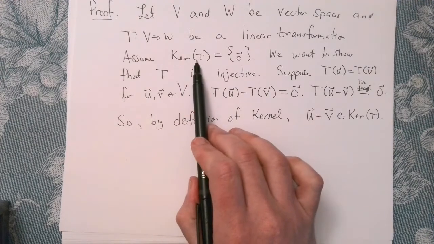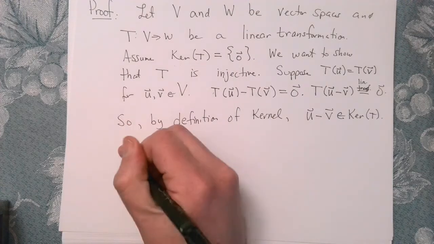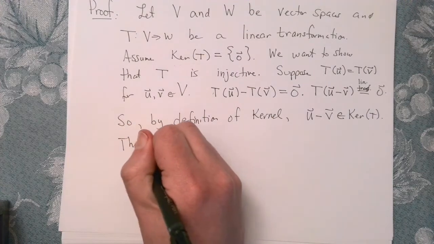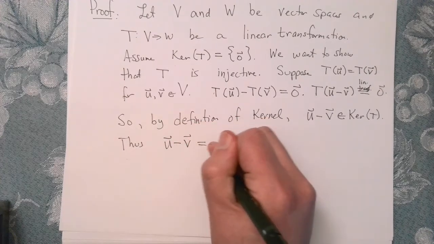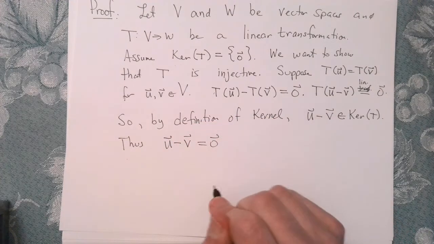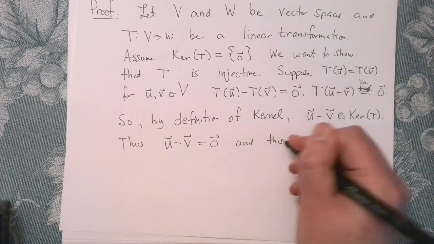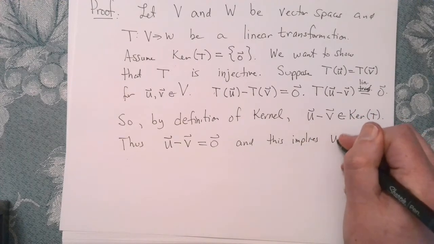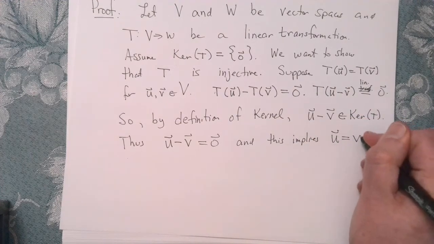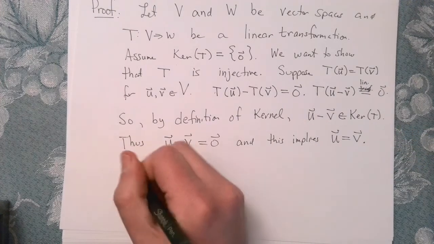The kernel of T in this case is equal to the set containing the zero vector. And so thus, u minus v is equal to the zero vector. And this implies that u is equal to v. And therefore T is injective.